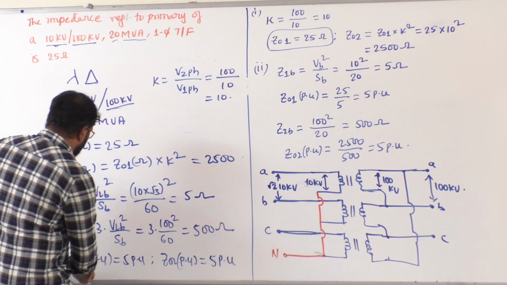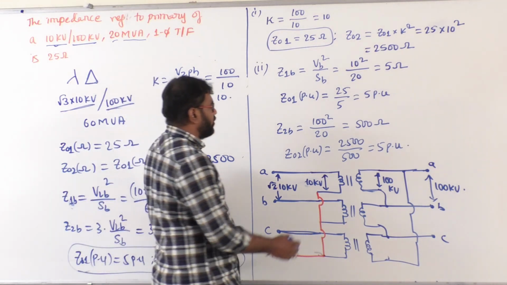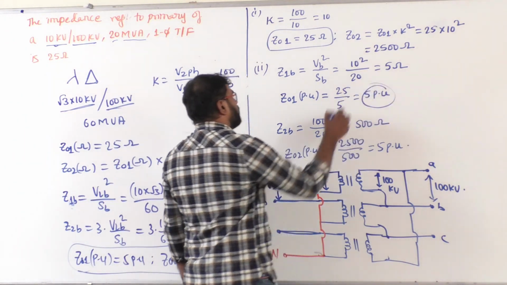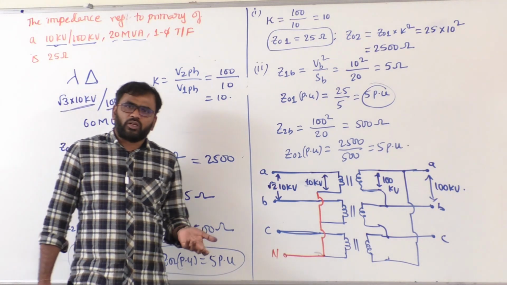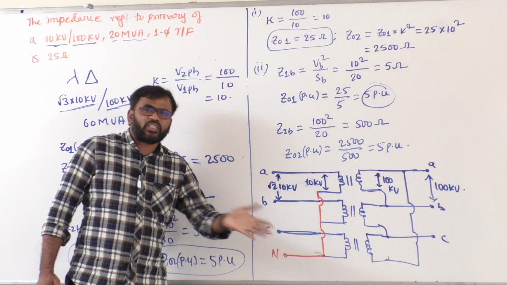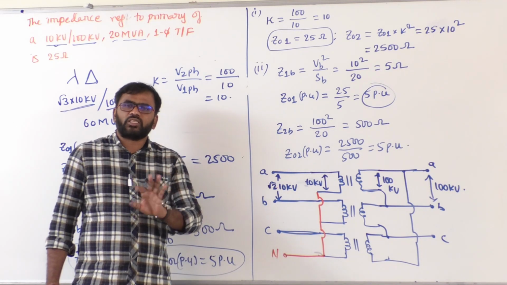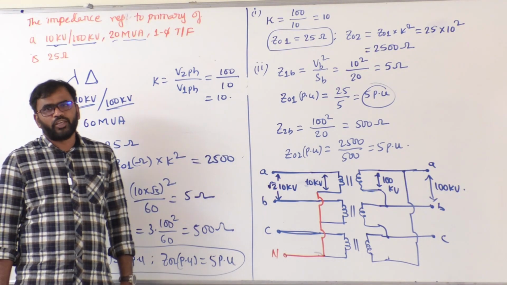So what is the per unit impedance of the transformer here? 5 per unit. And for the single phase transformer? 5 per unit. That's why, if three single phase transformers are converted to form a three phase transformer, the per unit impedance will remain the same. Even the actual impedance also remains the same.